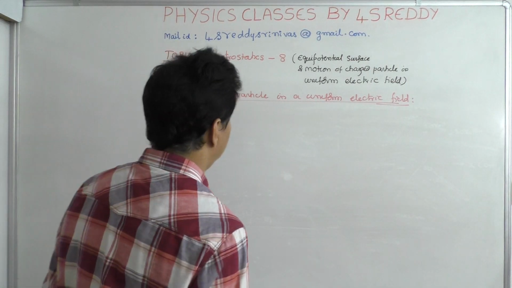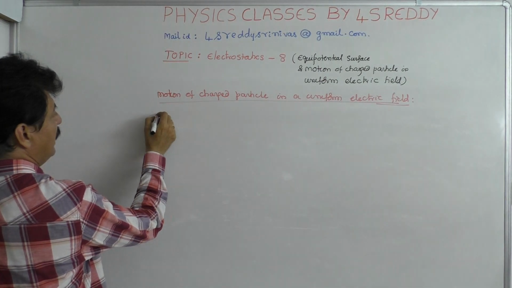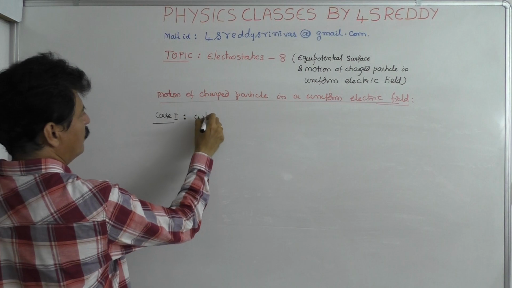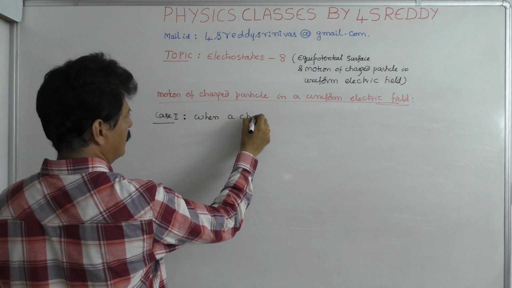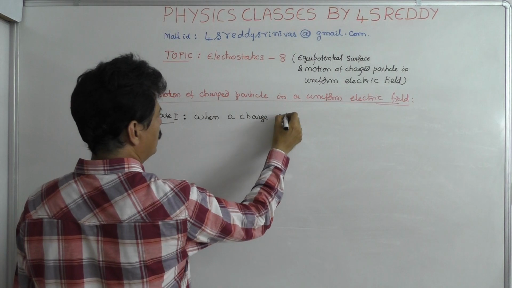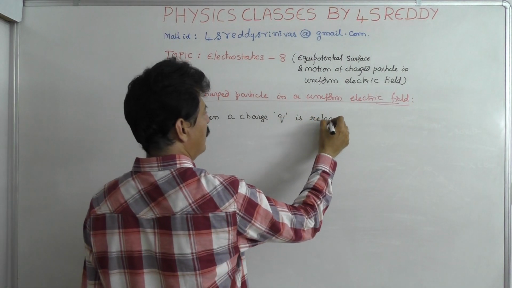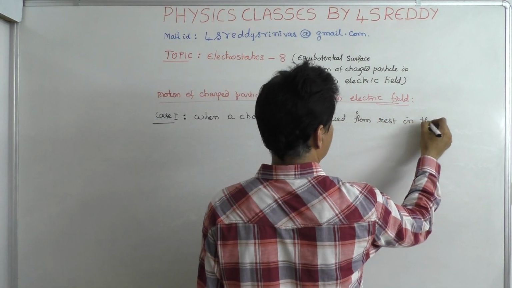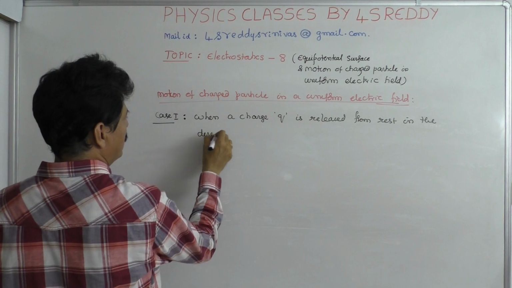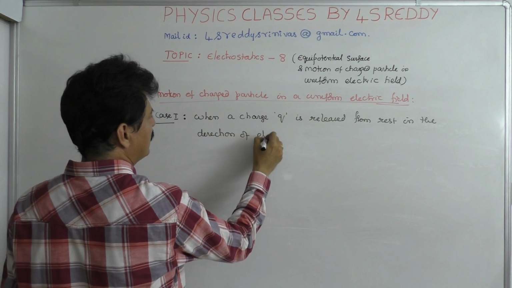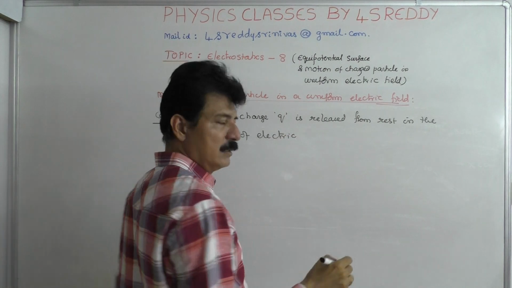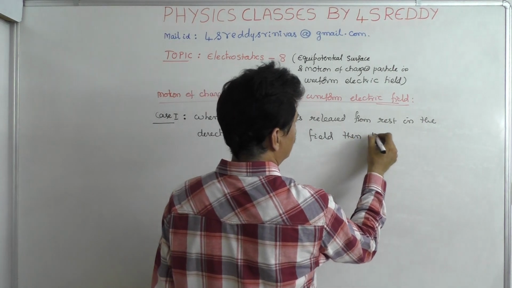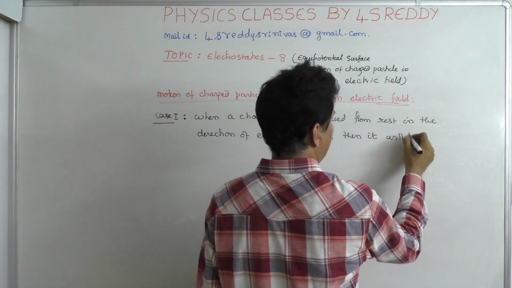In that case, here what you have to write is, first thing, case 1. When a charged particle, a small q, is released from rest in the direction of electric field, then it will be accelerated.